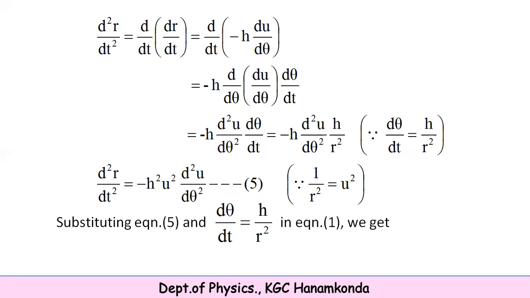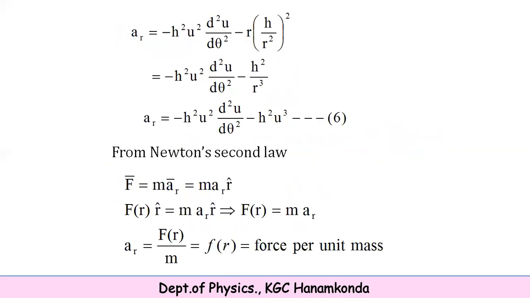Taking these two values and substituting in equation 1, we got the radial acceleration, that is minus h square u square into d square u by d theta square minus h square into u cube. That was taken as equation 6. But according to Newton's second law, force is mass into acceleration.